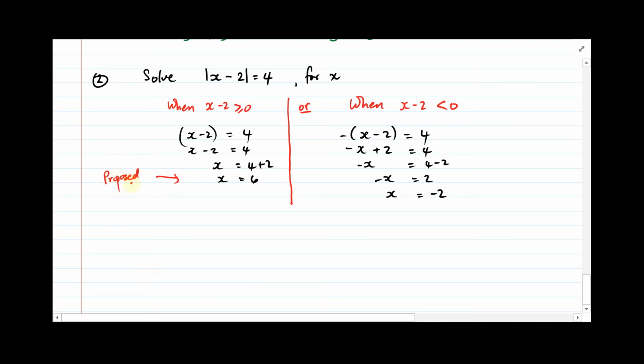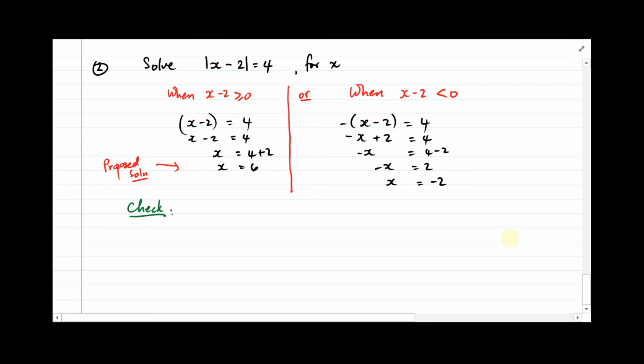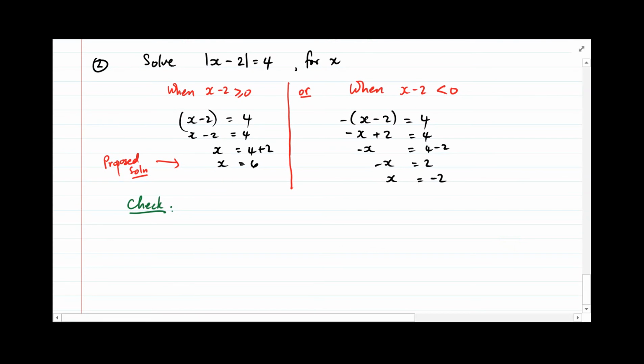We don't know if they're correct yet, not until we check. When you're doing these problems, many times you can do a mental check, but since I'm showing what the technique is, I'll actually be physically writing them out. So I would go back and I'm checking, is 6 really a good solution? Is this true? 6 minus 2 is 4. Absolute value of 4 is 4, hence it's true.